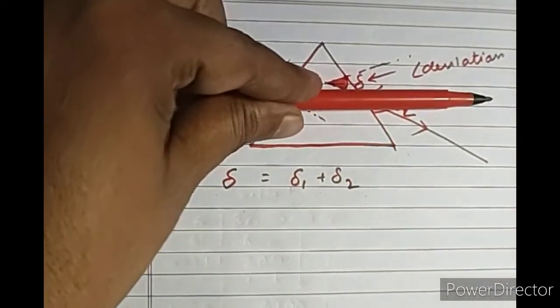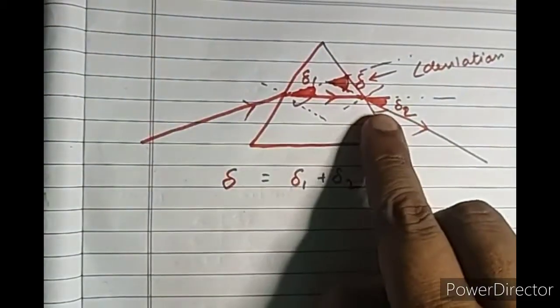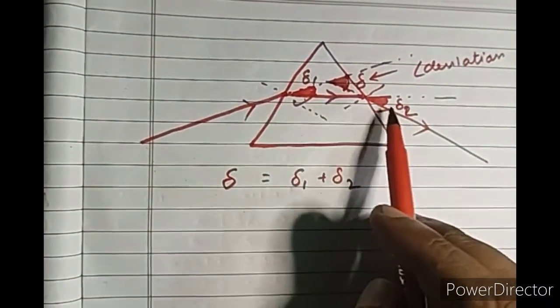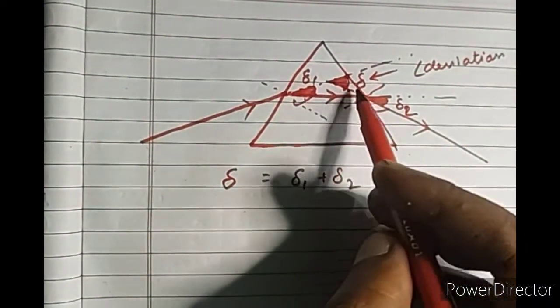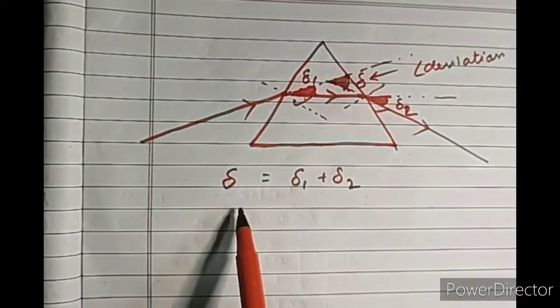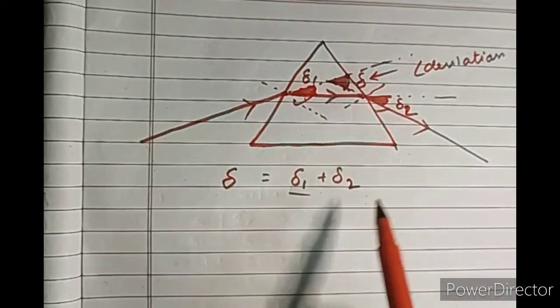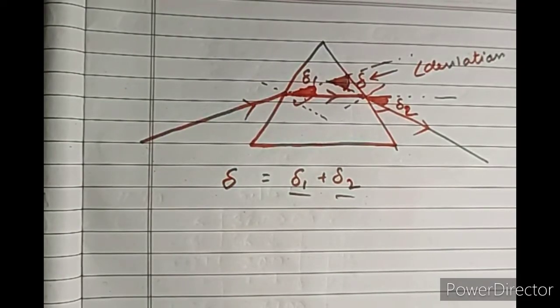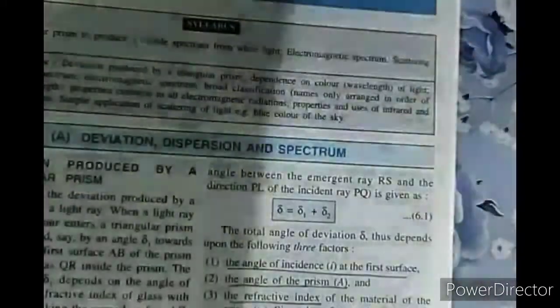Again it was supposed to go like this, but it is getting deviated through this angle. So if we add this angle and this angle, we will get that the total angle of deviation of a light because of the prism is equal to deviation 1 plus deviation 2.